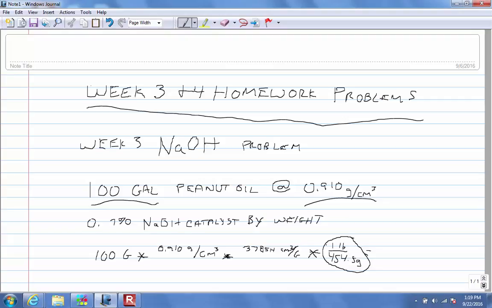And I need to take a look at my units here. Looking all the way back over here, my grams are on the top. So in that case, I want my grams on the bottom so I can cancel those out, because we're going for pounds. Those cancel out with each other. My cubic centimeters, I got it on top here, I got it on the bottom here, so those cancel out.